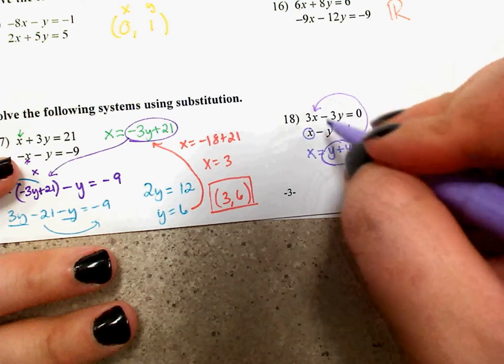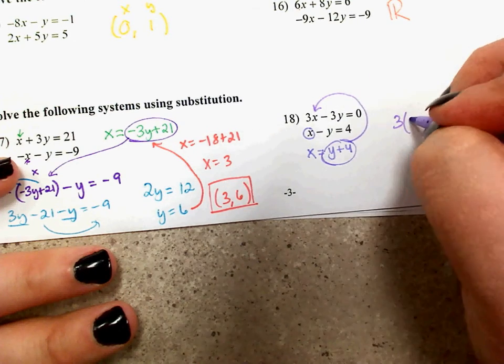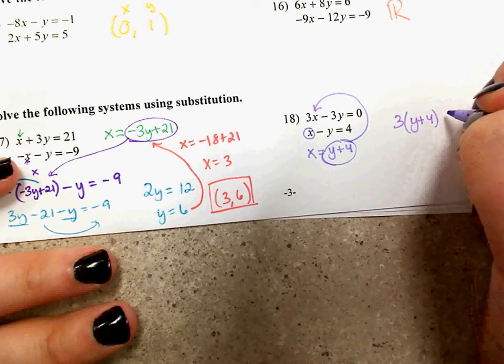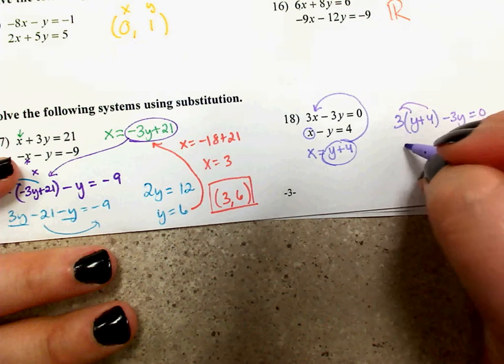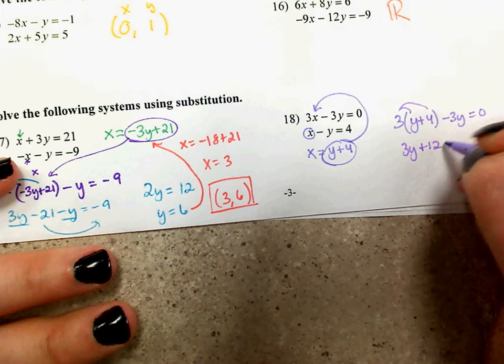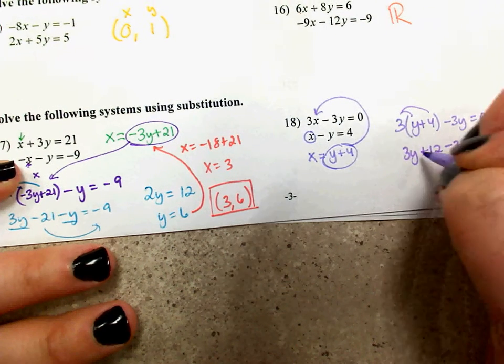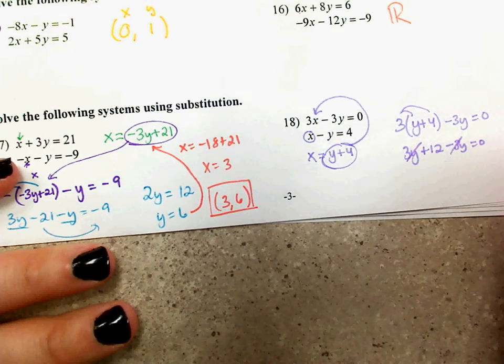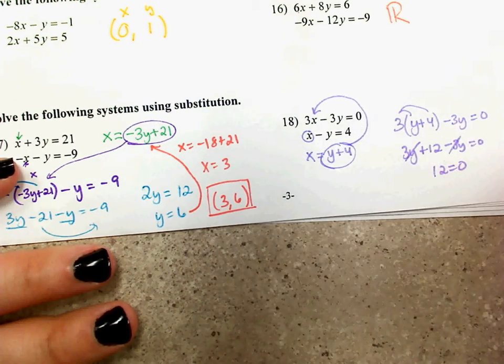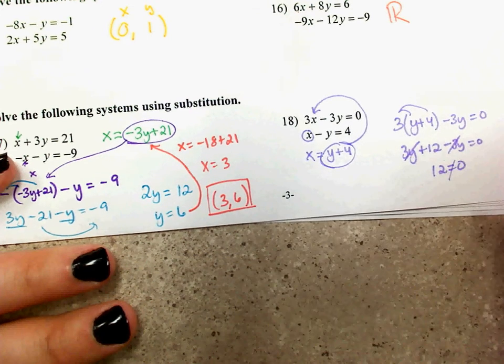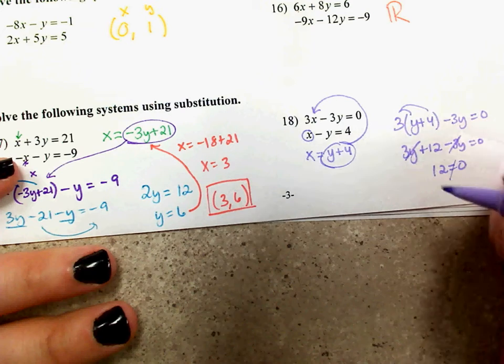Distribute, you get 3y plus 12 minus 3y equals 0. 3y minus 3y goes away, and you get 12 equals 0. That's not a true statement. If true statements mean they always equal each other, then a false statement means there is no solution.